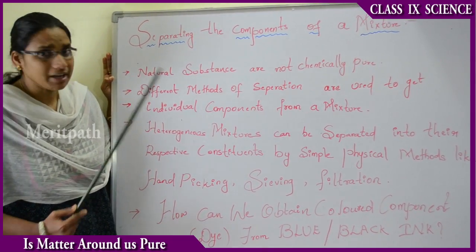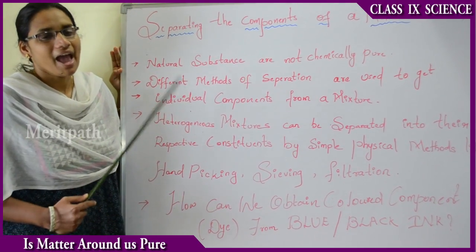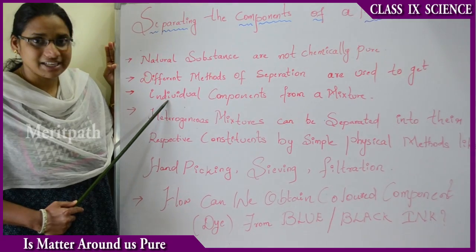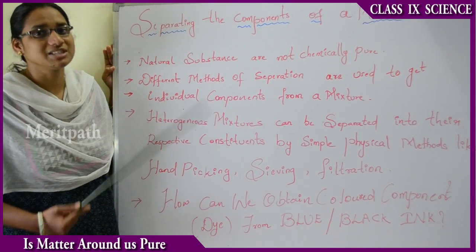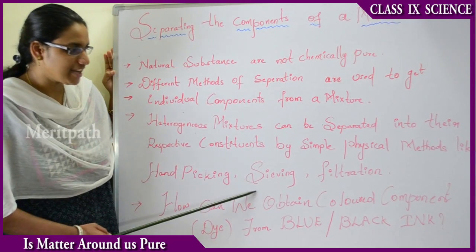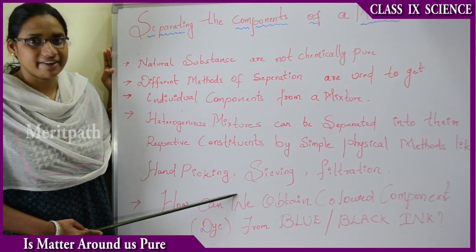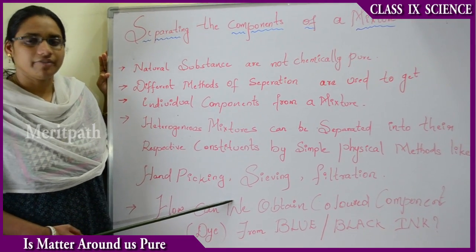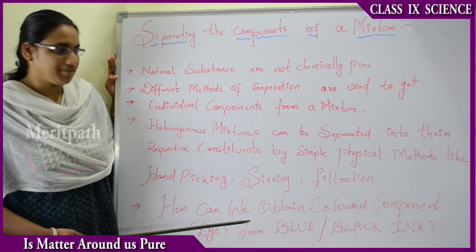Therefore, different types of methods are used to separate mixtures, and the major day-to-day methods we use to separate a mixture are hand picking, sieving and filtration. We see the filtration process in our daily life: if we prepare coffee, we filter the coffee powder by using a filter, right?